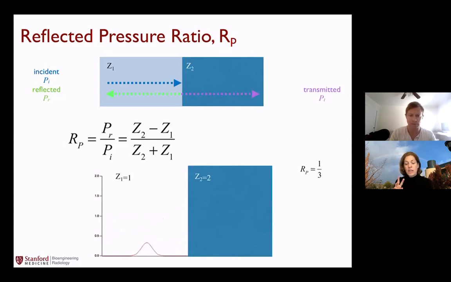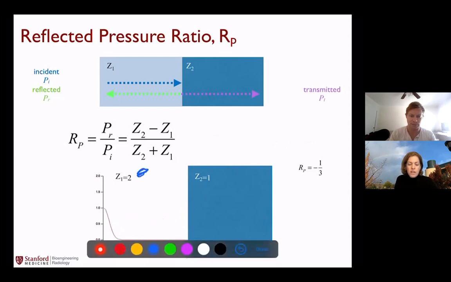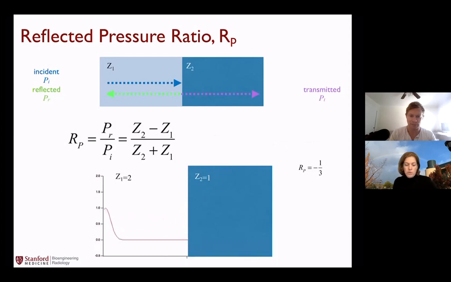Okay, so now that's all going to get changed if we swap the acoustic impedances. So in the next one, we've swapped them so that now the acoustic impedance over on this side is higher than it is over here. And now when we play this, you maybe are anticipating what's going to happen. We're still going to have the amplitude be 1/3, but what we see is that now there's a sign change.